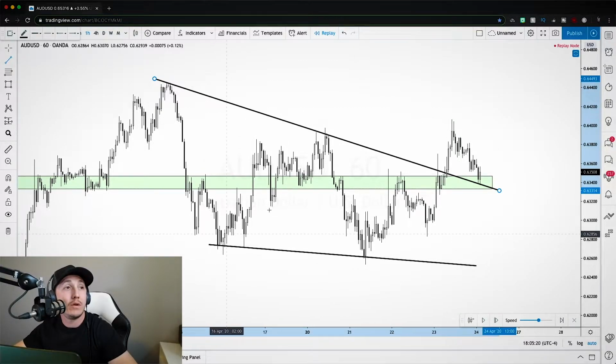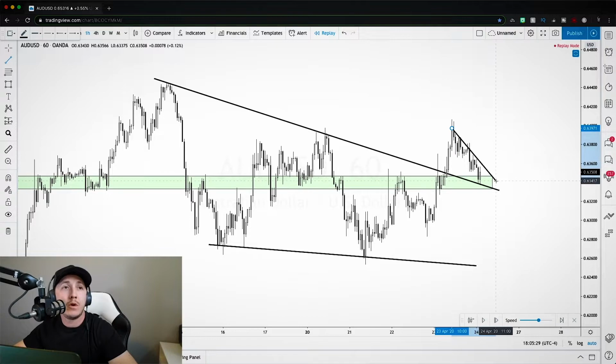We have our pattern, we have our breakout, we have our retest. Now, what we want to do, we want to wait for this to break out. If we get a rejection off this level here and a breakout from here, now we got our signal to enter. All right, so let's see what happens.